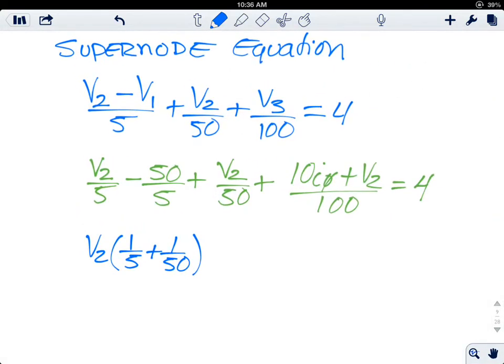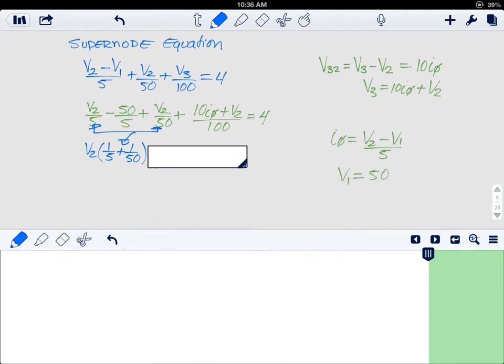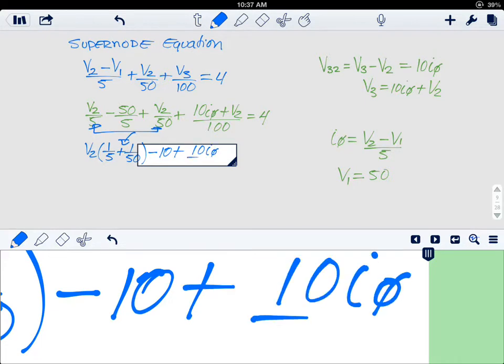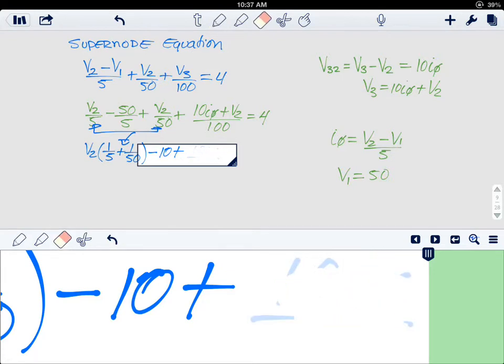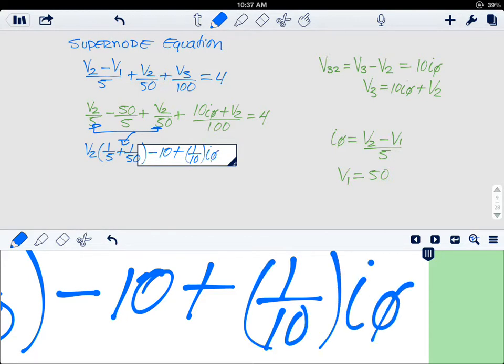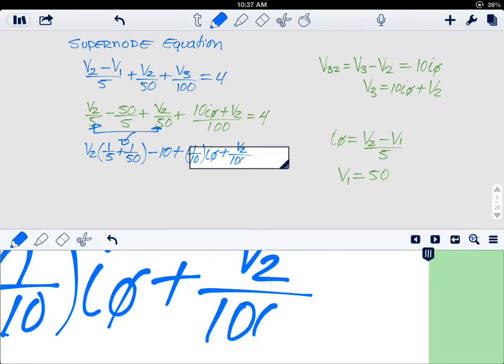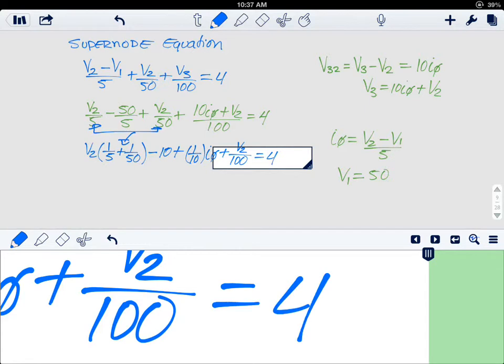What we did is simplify that: minus 10, plus 10i over 100. 10i over 100 is 1/10 of the current, plus voltage 2 is equal to 4.